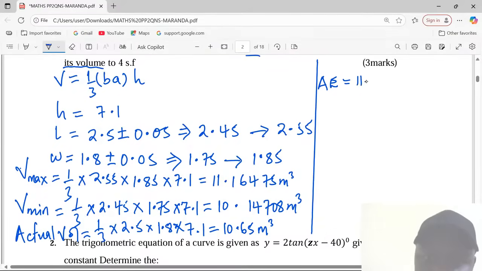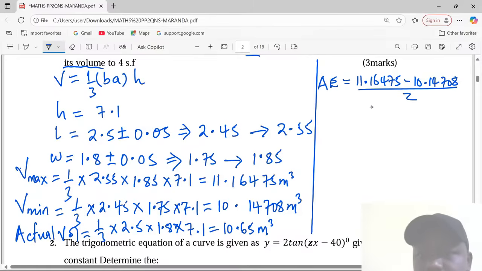Maximum minus minimum, then we take the average now, divide by 2. So let me get this value.